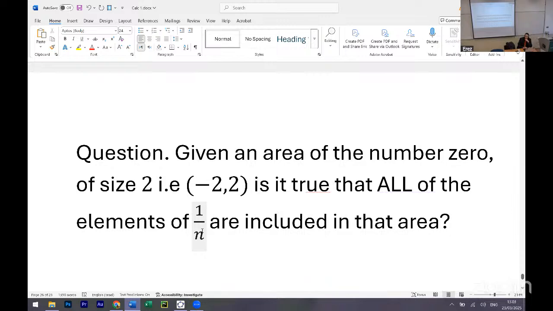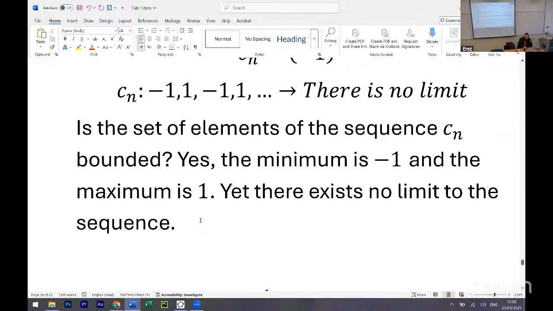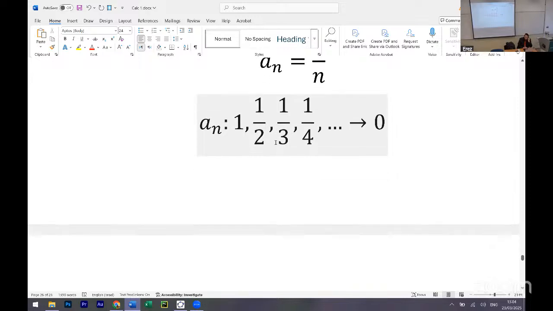Now what do you mean by elements? All numbers of the sequence 1/n, the very first sequence we started to talk about. Are all of them within the set of numbers between -2 and 2? Yeah, obviously, right?